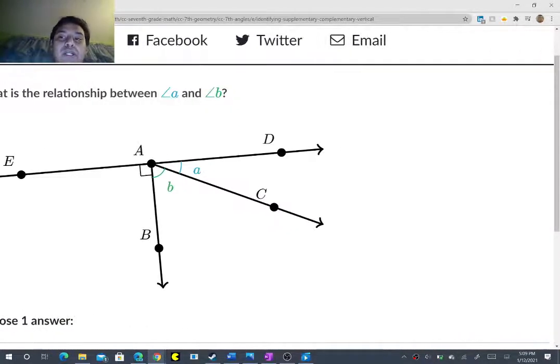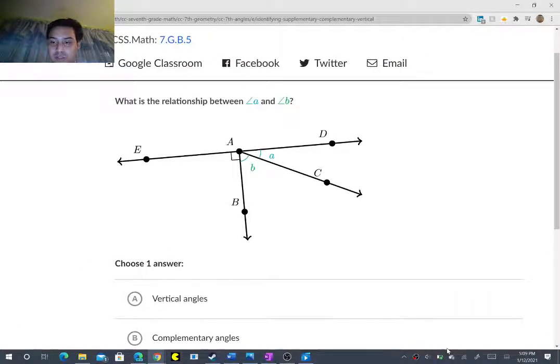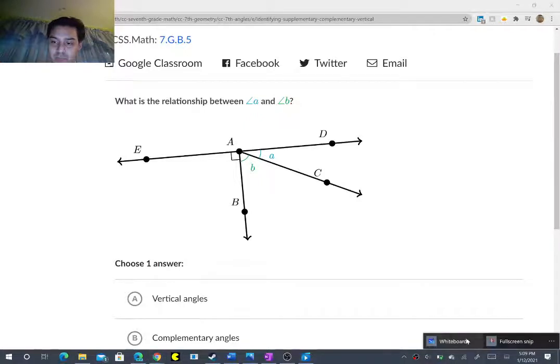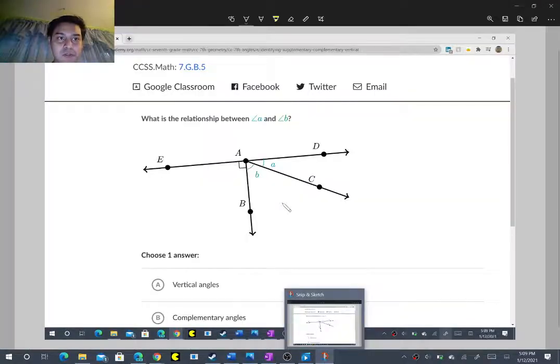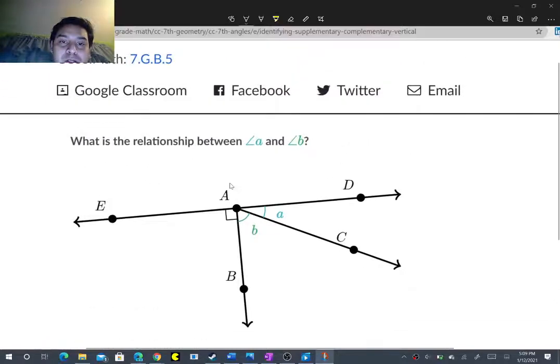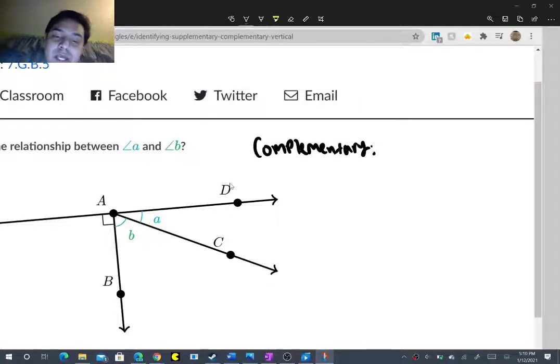When it's complementary, what complementary means is that the angles add up to not 180, but 90 degrees. They add up to 90 degrees.